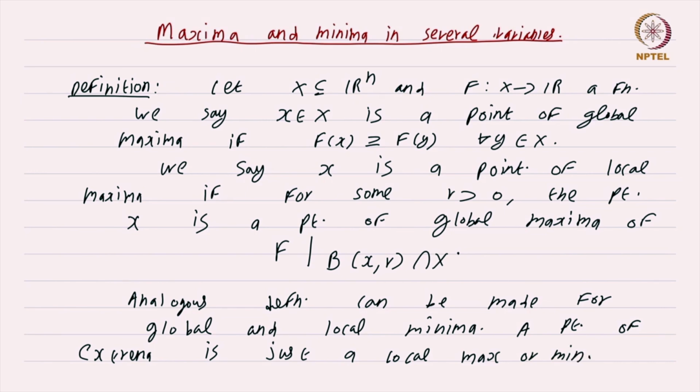So at an extremum, we already know that the gradient vanishes. That was left as an exercise for you. For completeness' sake, I'm going to prove it now again. Theorem.